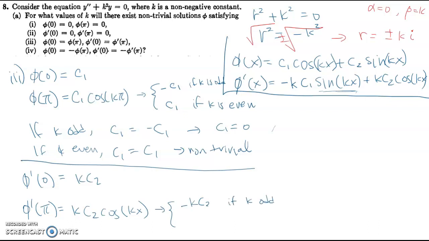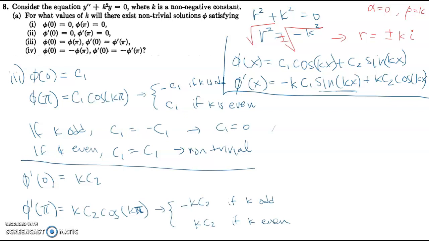Again, cosine of pi is negative 1, cosine of 3 pi is negative 1, and so on. This is going to be positive k c2 if k is even. Again, cosine of 2 pi is positive 1, cosine of 4 pi is positive 1, and so on.